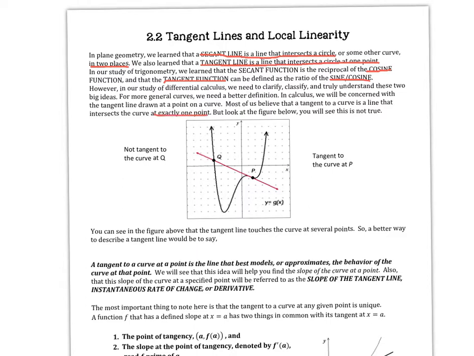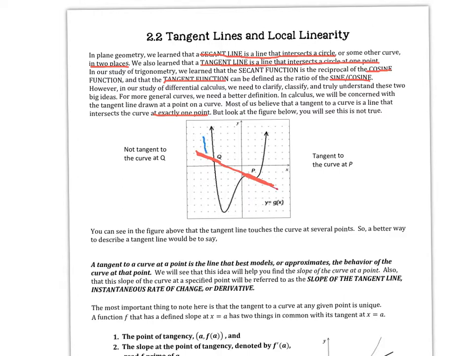If you notice the one that goes through Q right here, this is not tangent at Q, but look at P. It is tangent at that point. If it was tangent to Q, then we would have something that looked something like, oops, that's not it.